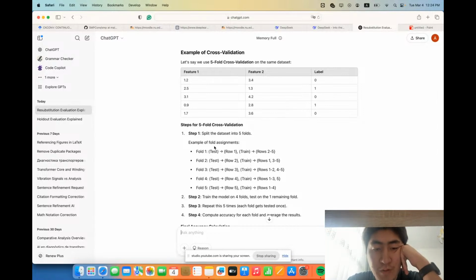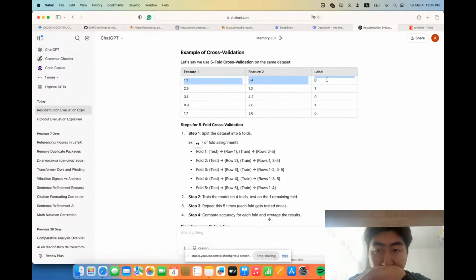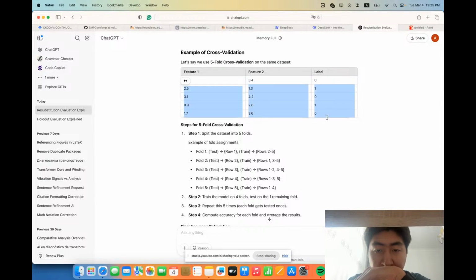So the first, fold 1 test. So the fold 1 test is row 1. The four others are used as train.